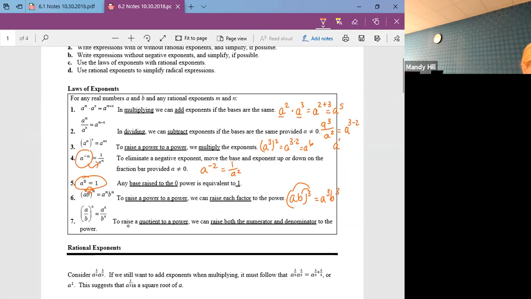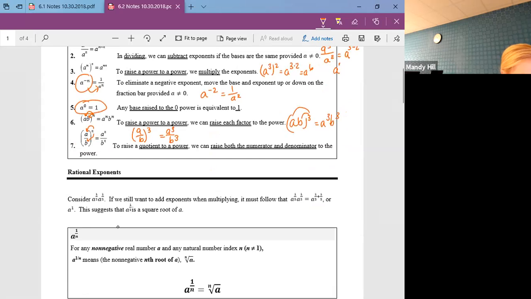Okay, and then the last one says if you've got a fraction raised to an exponent, it needs to go with both parts of the fraction. So if we've got a over b raised to the 3rd power, then that's going to be a to the 3rd over b to the 3rd.